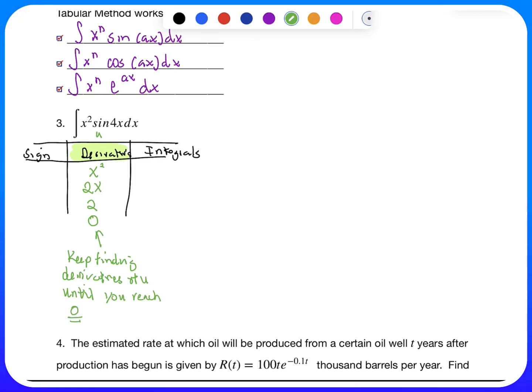Then you take your dv term, which is the other term in our function, in this case sine of 4x. That's going to be our first entry in our integral column. Now we integrate this as many times as we differentiated, so in this case I need to do 3 integrals.